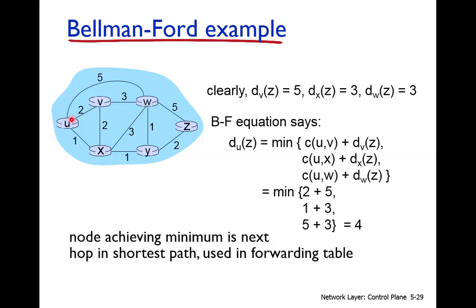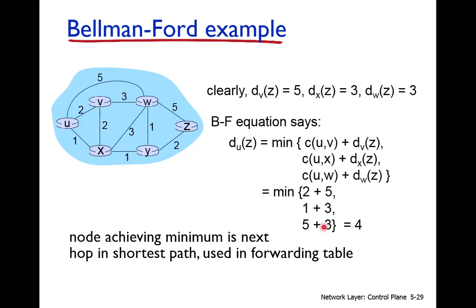Similarly, if u receives the complete table from w, this w table will contain the information to node z. Suppose from w to z the shortest path is 3. So if u wants to reach z through w, u to w is 5, and from w to z it is 3.